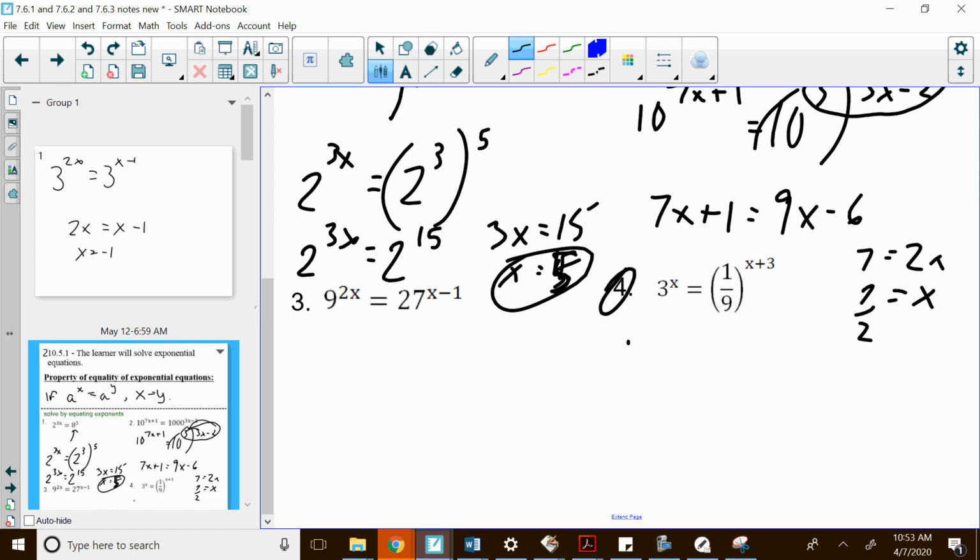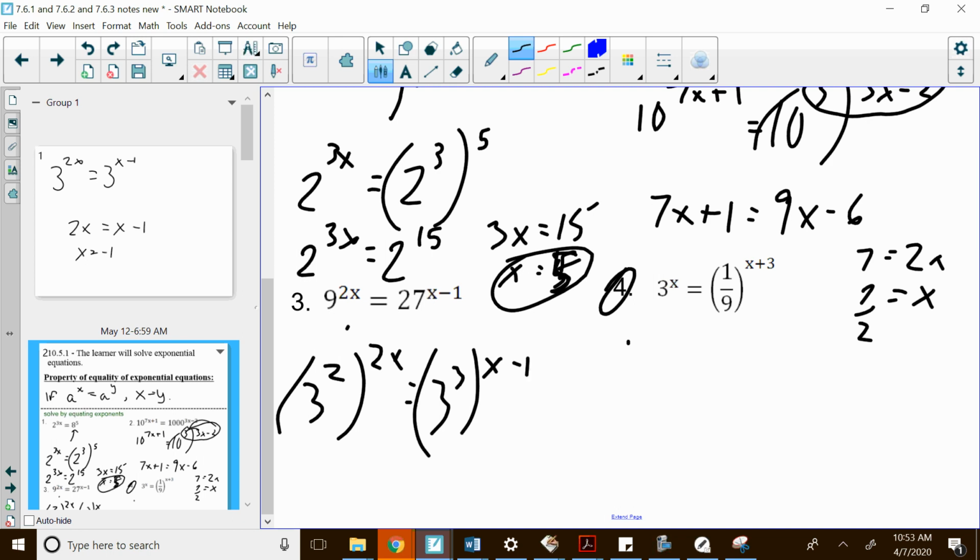So the goal is to get the bases equal to each other. I'm going to skip to number 4. Actually, no, I'm going to do number 3 because you'll have to change both bases here: 3 squared there, and 3 cubed here. So you'll see ones where you have to change both bases, and that's okay. When we go to number 4, 1/9 we can write as 3 to what power?